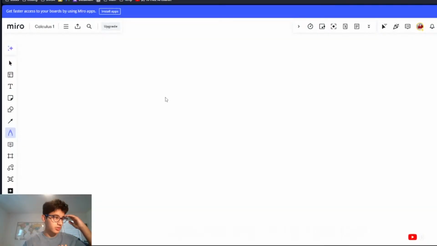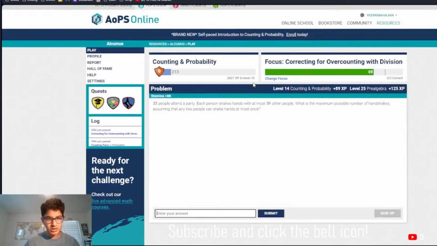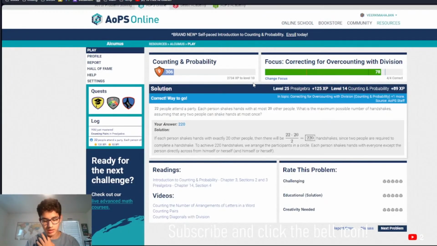Yeah, 11 couples because there are 22 people. Everyone except yourself and your wife or spouse or whatever. So it's the same thing. It's 22 times 20, right? Divided by 2 because each handshake counts for 2 people. Like if I shake your hand, that counts for you shaking my hand and me shaking your hand. So you have to divide by 2 and this becomes 220. So that should be the answer, but it seems like, okay, correct.